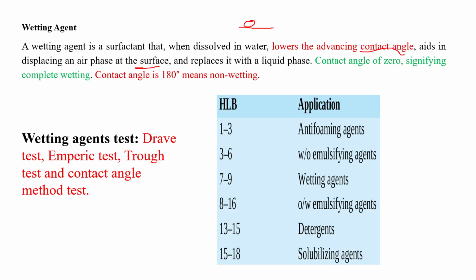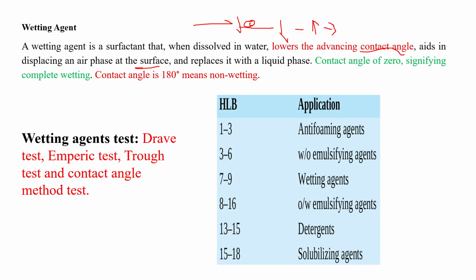What will this wetting agent do? It will decrease the contact angle between the water droplet and the surface on which it spreads. By decreasing the contact angle, it will increase the spreadability. Increasing spreadability means it will increase the wettability, meaning it will be easily wetted. That's the main mechanism of action of a wetting agent.